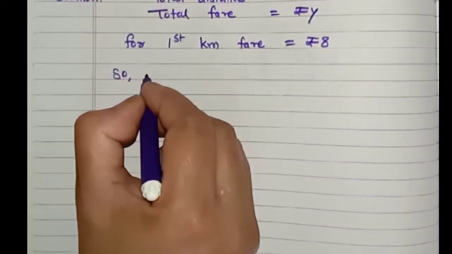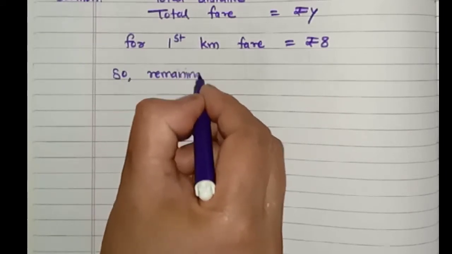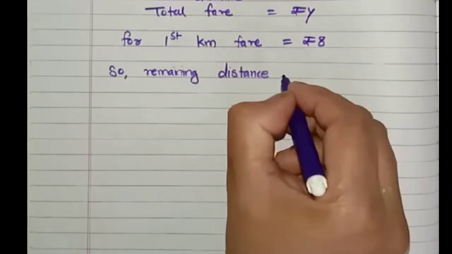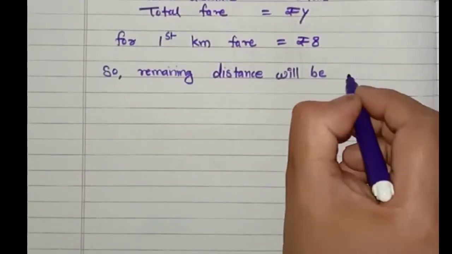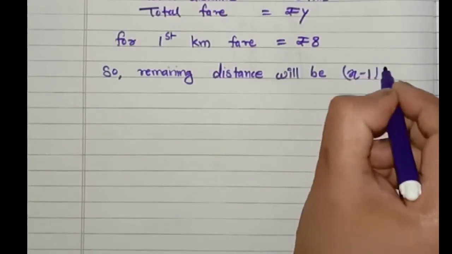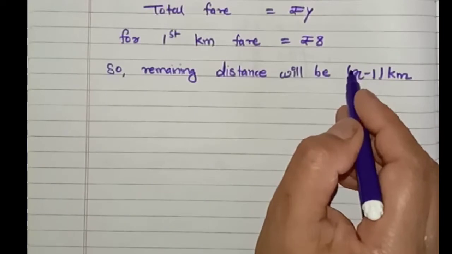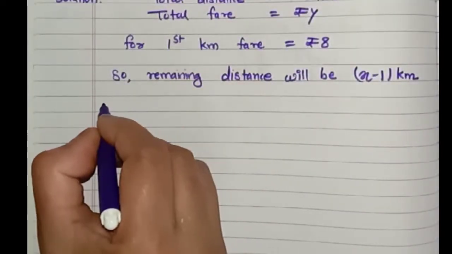So the remaining distance will be x minus 1 kilometer, and for this x minus 1 kilometer, the fare is rupees 5 per kilometer.